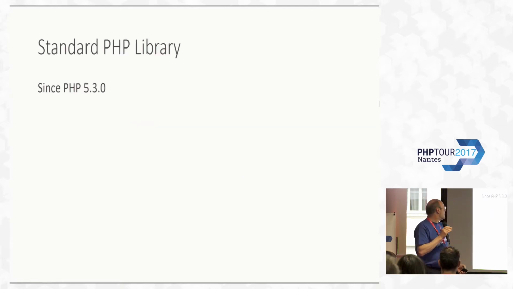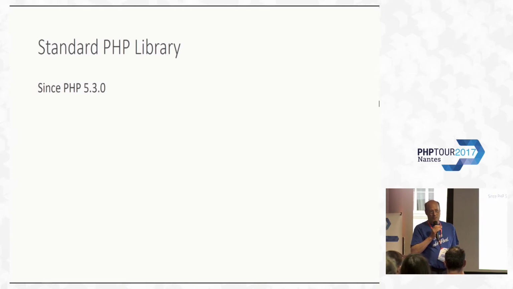SPL was introduced back in the days of PHP 5.0, where it was a PECL extension for PHP. It became part of core PHP in PHP 5.3, and at that time it provided a whole collection of different pieces of functionality that were incredibly useful.